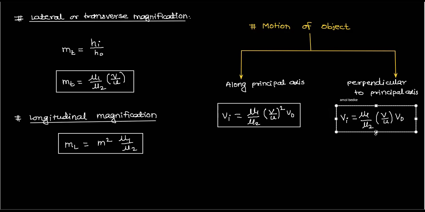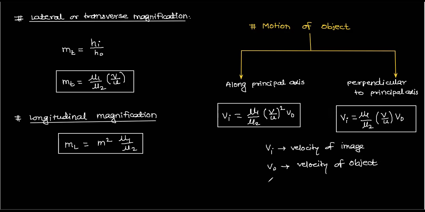Here vI and vO are what? vI is the velocity of image and vO is the velocity of object. Mu1 and mu2 you know. v and u are what? v is the image distance. I already told you, so no need to write, but you may get confused because vI and vO are there. u is the object distance. Keep it in mind.